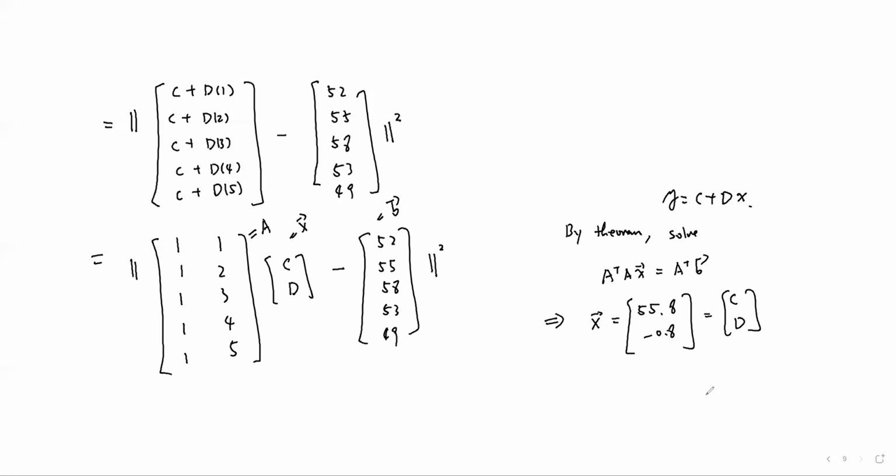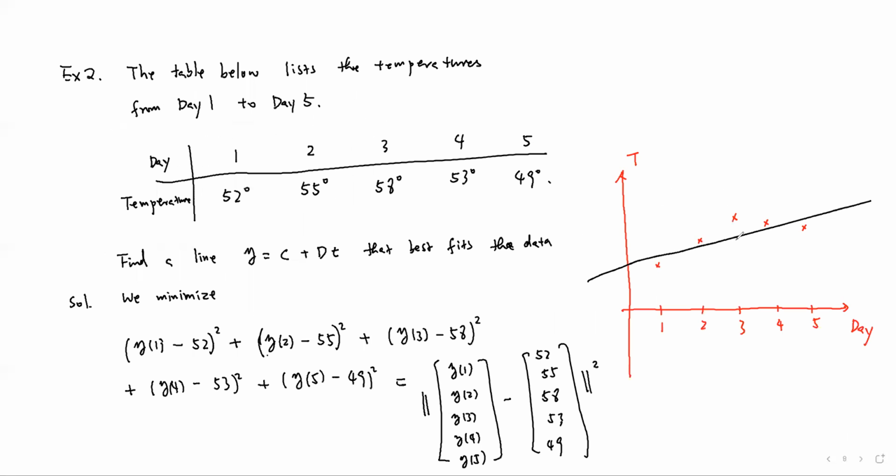There are infinitely many lines. Which one best fits the data?